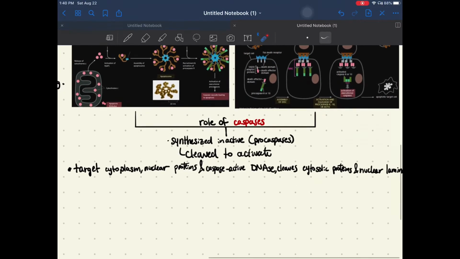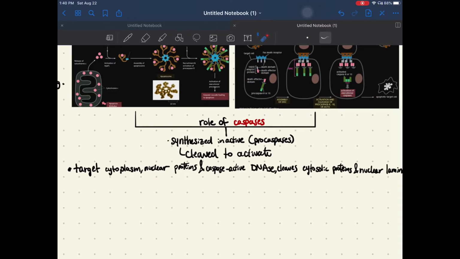And now I'm going to touch on where it targets. You can see it targets a lot of different things in your cell. So it targets your cytoplasm, your nuclear proteins, and your caspase active DNAs. So let's just break down everything in here, right? You want to target the cytoplasm because you want to break down the organelles in the cytoplasm.